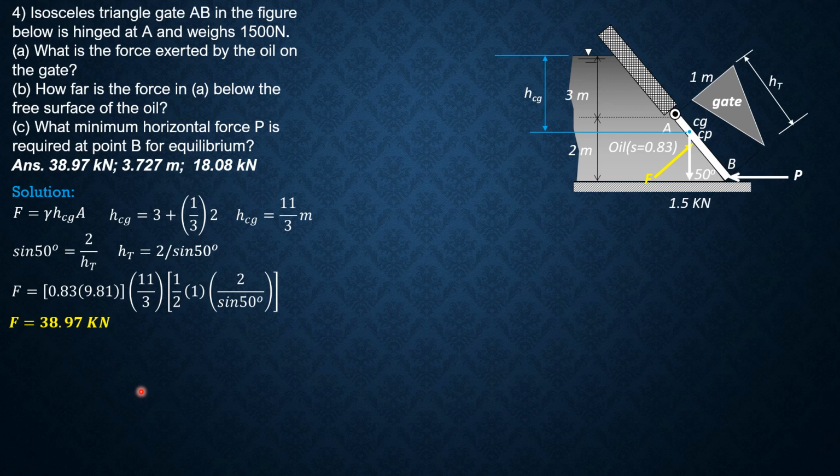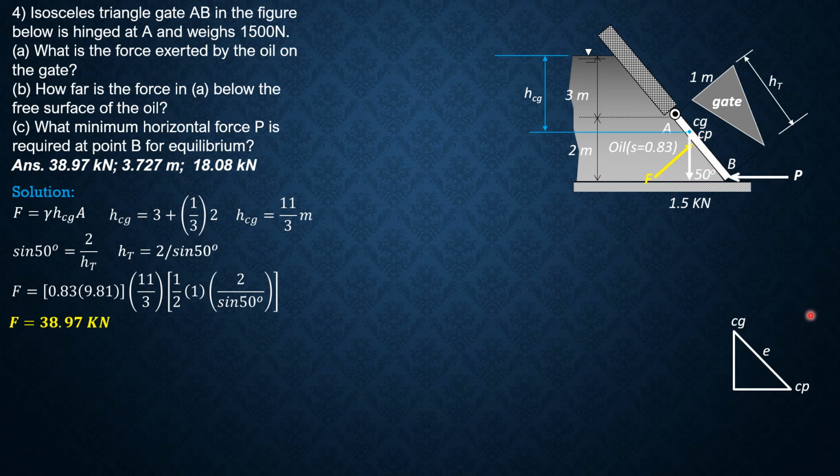Then for the second question, how far is the force in A below the free oil surface? So that is CP, H sub CP. So it is slightly greater than H sub CG. So to analyze it well, this is the distance between CG and CP, E. I just enlarged it. So we have a right triangle somewhere here.